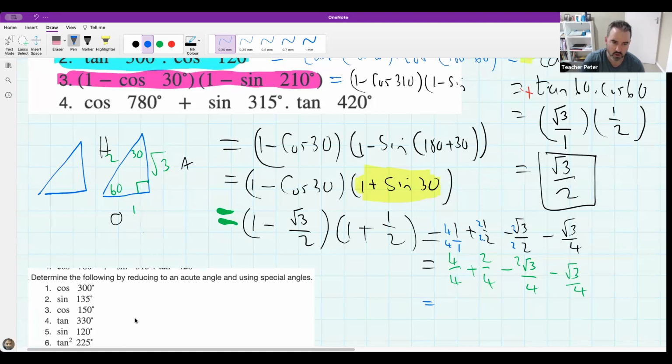So my final answer will be 4 plus 2 is 6, and then minus 2 root 3 minus another. So it's going to be 6 minus 3 root 3 over 4. And you could simplify that further, but I think that's fine.